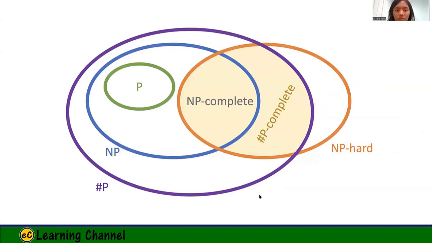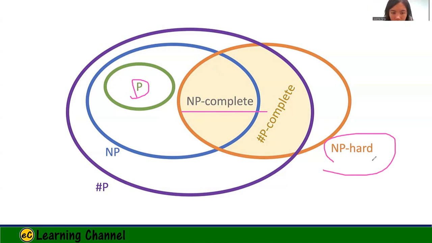Okay, NP problem. If you can finish it in polynomial time, we call it a P problem. If you cannot finish in polynomial time, we call it an NP problem. NP problem is a certain set of problems; we call it NP complete. If your problem is harder than NP, then we call it NP hard.